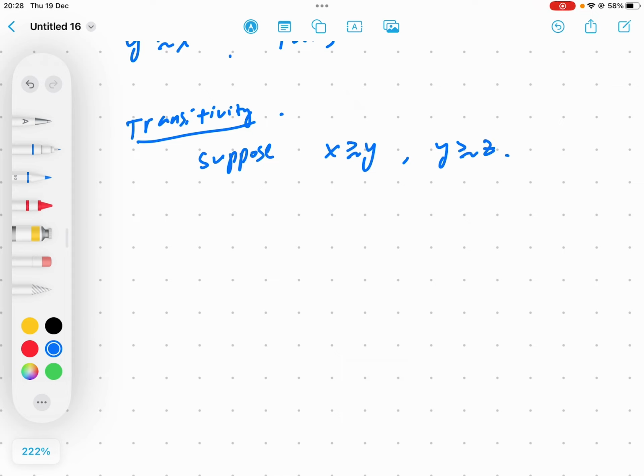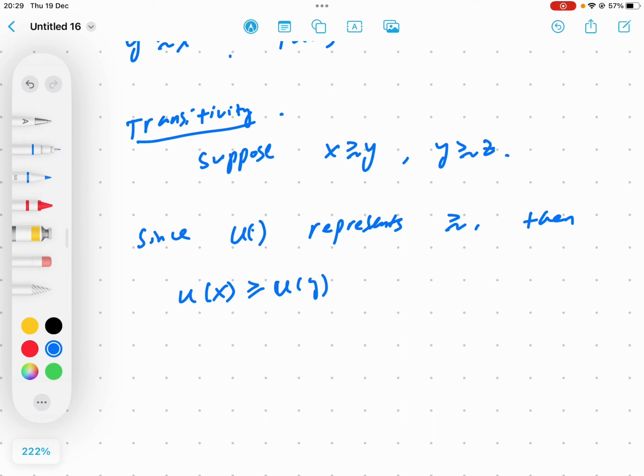Because u is representing the relation, we must have u(x) greater than or equal to u(y), and u(y) greater than or equal to u(z).